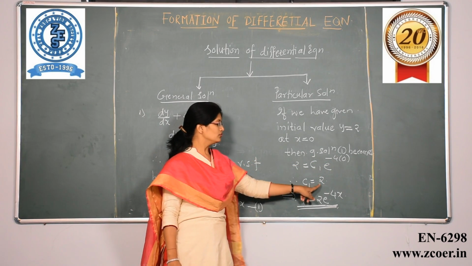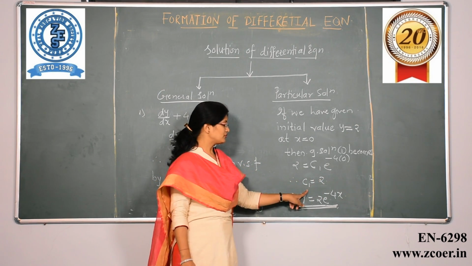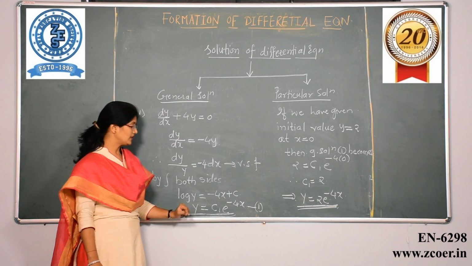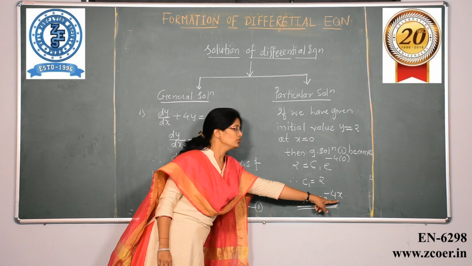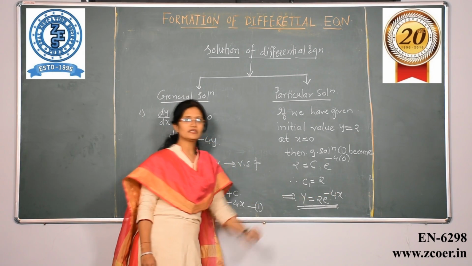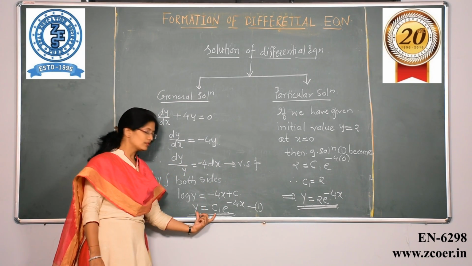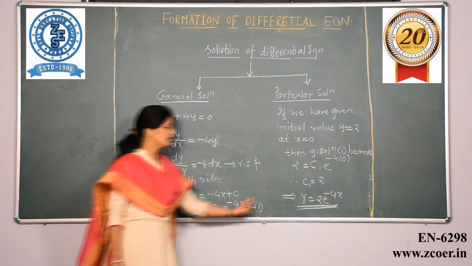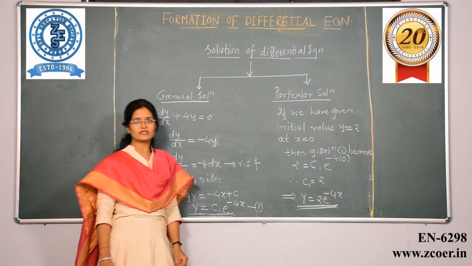So we get the value c1 equals 2. And when you substitute this value of c1 in equation number 1, we get y equals 2 times e raised to minus 4x. Now this solution does not contain any constant in it. So we have two solutions. One is the solution which contains one arbitrary constant, and the other is the solution which does not have any arbitrary constant in it.